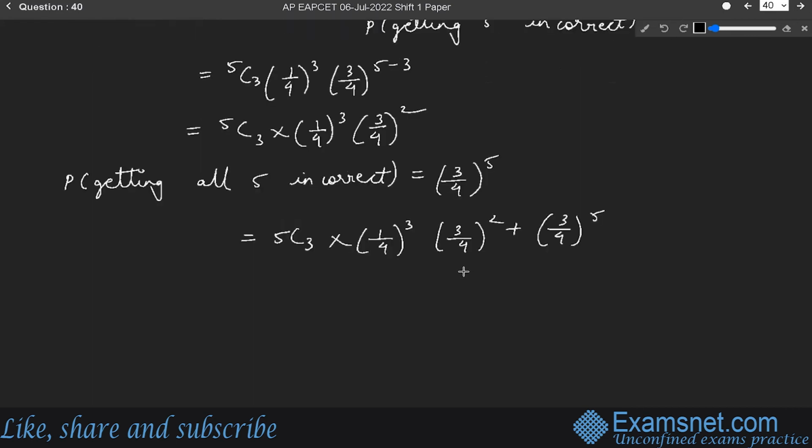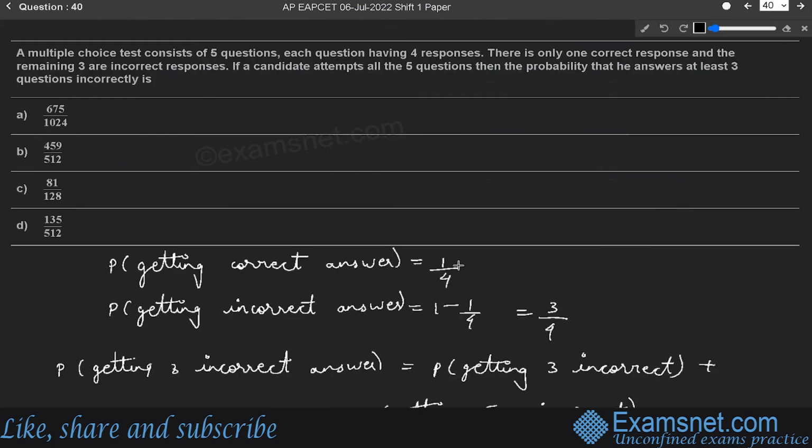On further solving this, the value will be 459/512. Therefore, the probability that he or she will give at least 3 answers incorrectly is 459/512. So option B is the correct option here.